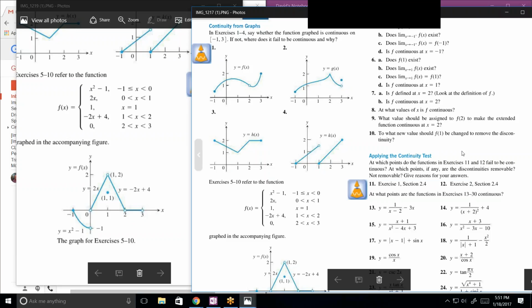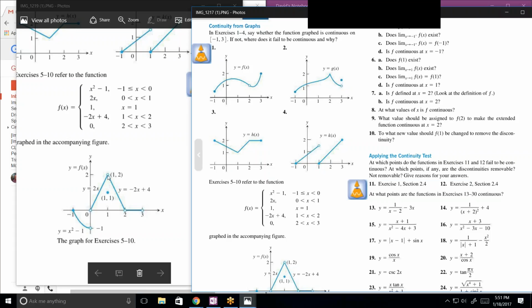Number 10. To what new value should f of 1 be changed to remove the discontinuity? To 2. In other words, if in the middle part of the piecewise function I said that when x was equal to 1, f of x was equal to 2, that would move that closed dot to this open dot, and then I would have continuity.